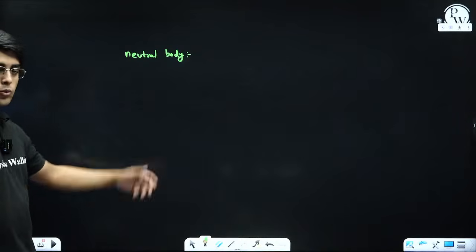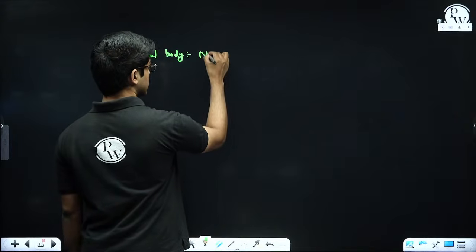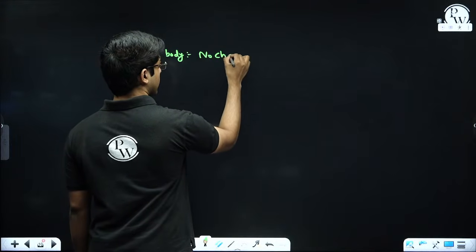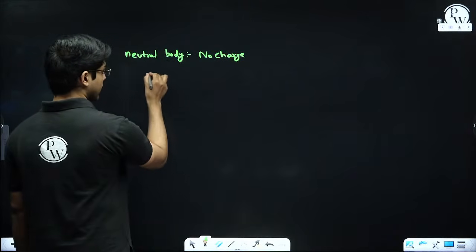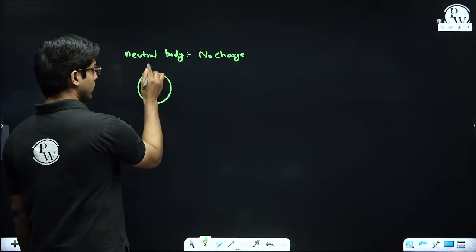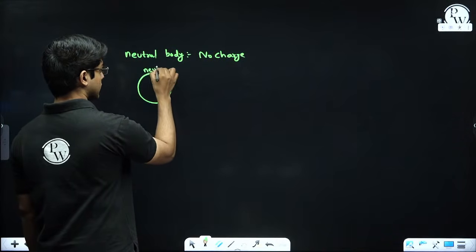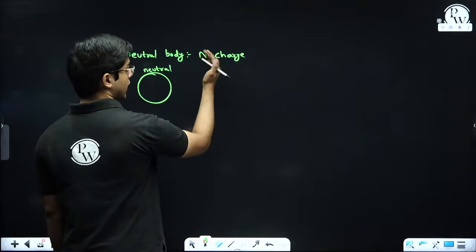When we talk about a neutral body, this does not mean no charge. This does not mean no charge is present in the body. If we say it's a neutral body, that does not mean it does not have any charge inside it.